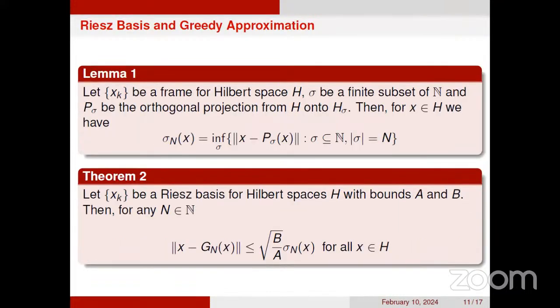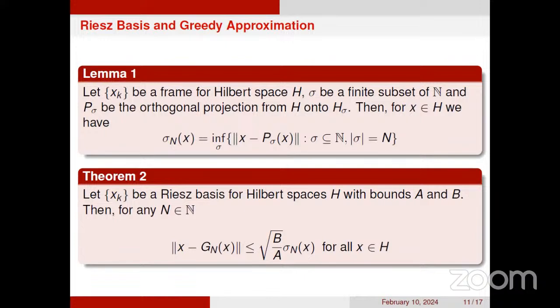Riesz basis and greedy approximation. Lemma 1 is used to prove Theorem 2, which states: let x_k be a frame for the Hilbert space H, let sigma be a finite subset of the natural numbers N, and let P_sigma be the orthogonal projection from H onto H_sigma, where H_sigma is the closure of the span of the x_k's, where k belongs to sigma.